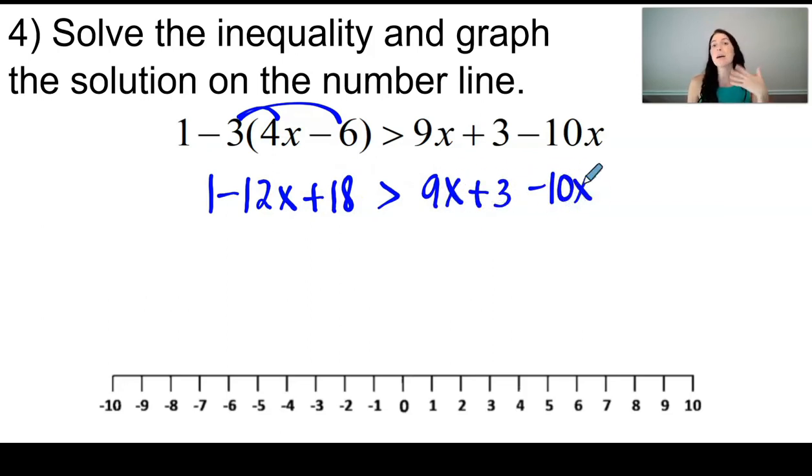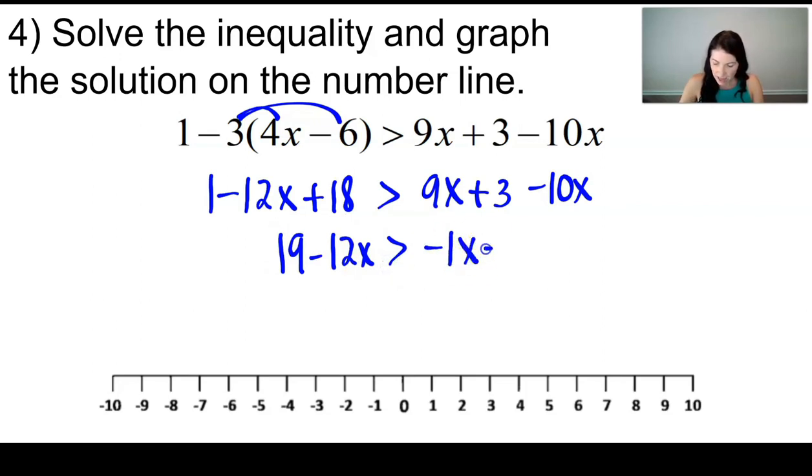From here, I would combine like terms on both sides of the inequality. We would have 19 minus 12x is greater than negative 1x plus 3. Again, it's personal preference which side of the inequality you would like to put the x on, and I always like to do that on the left side. So I'm going to add the 1x and also subtract 19.